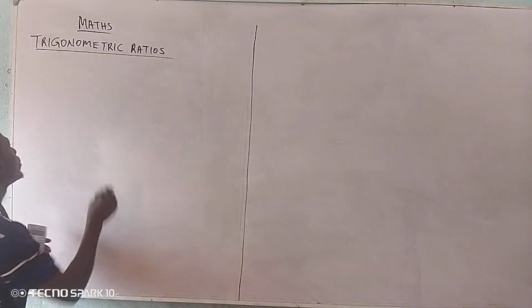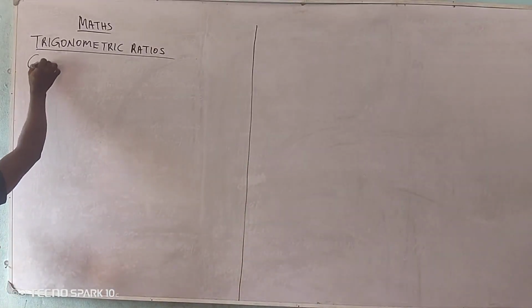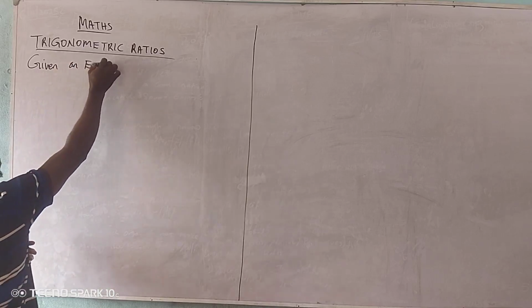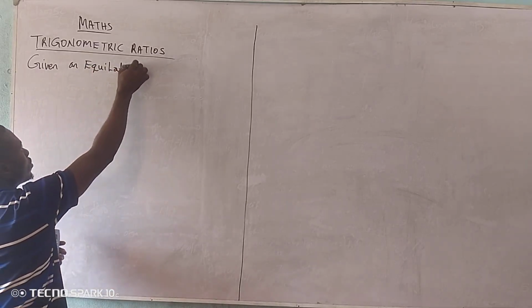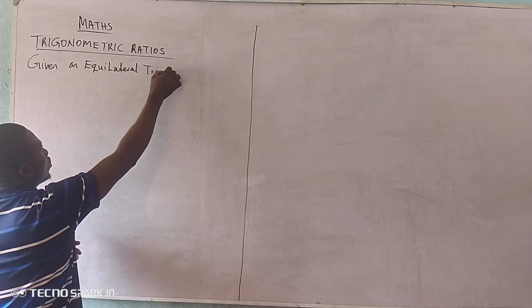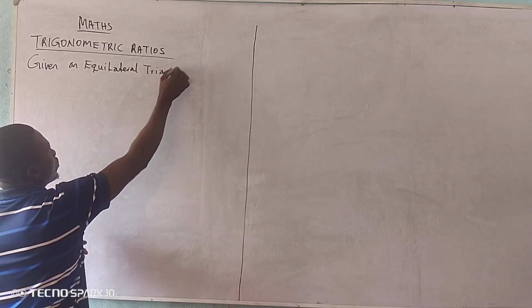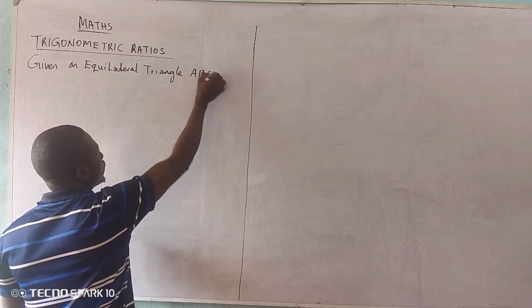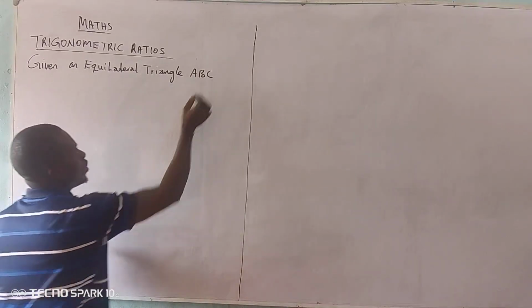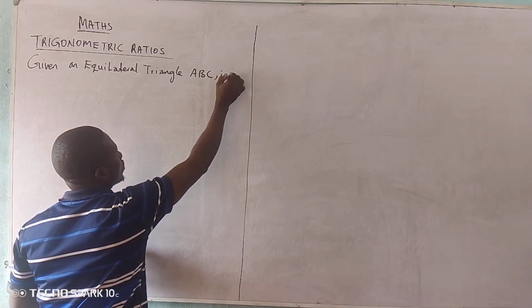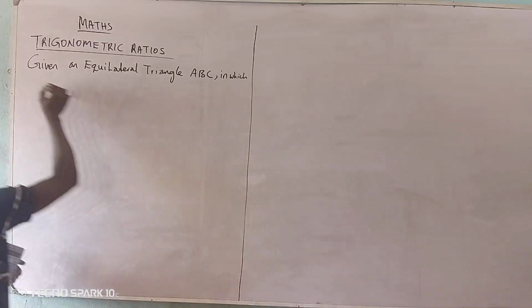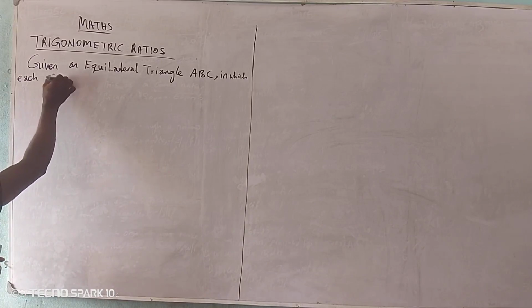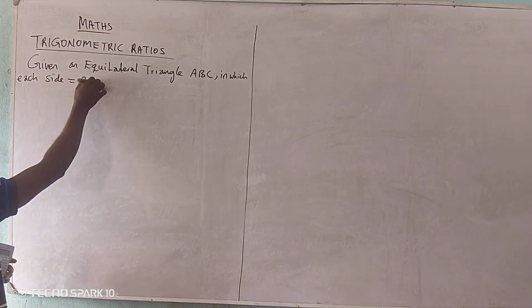Now, given an equilateral triangle ABC in which each side equals 2 units.